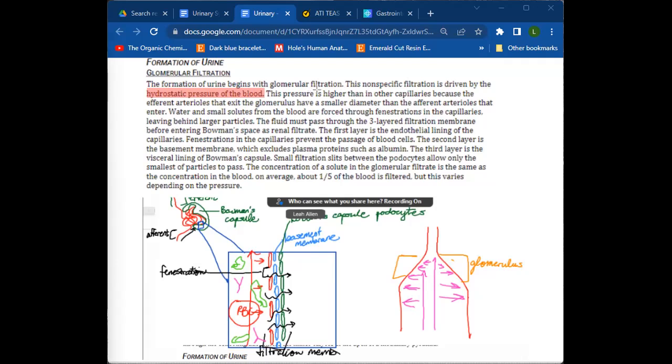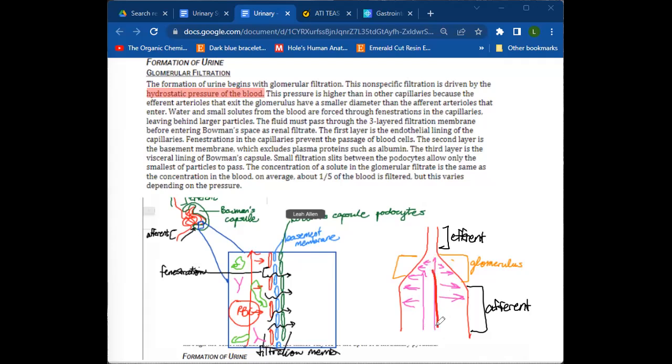Right. We do need to remember that this pressure is supposed to be higher in the glomerulus than in other capillaries because of that efferent arteriole being smaller than the afferent. So this is the afferent arteriole here, wide, and then the efferent arteriole, which is very narrow. Because of this smaller opening, as blood tries to flow through from the afferent arteriole to the efferent, there's going to be this backup of blood.